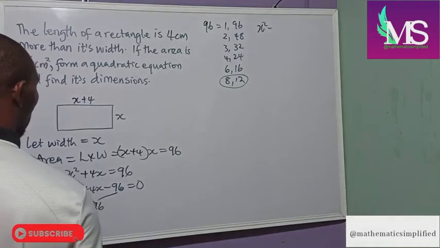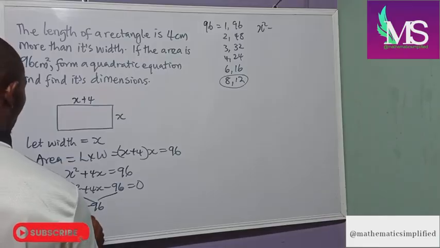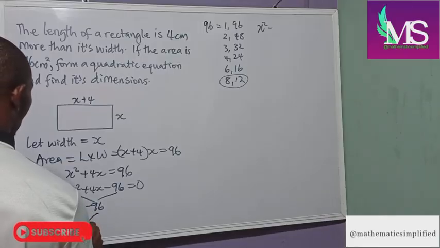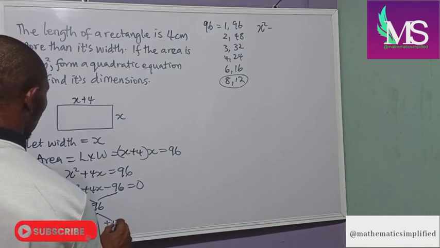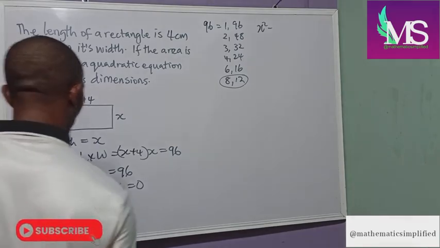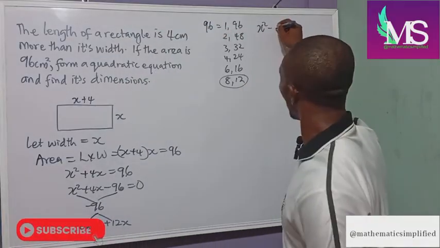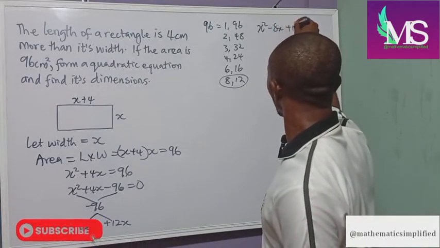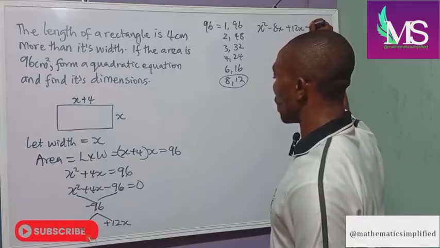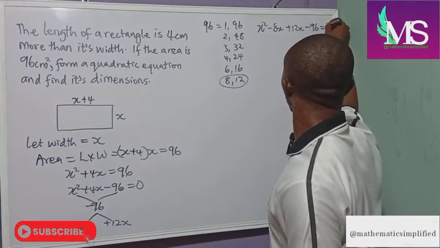So we are going to have it as minus 8x plus 12x. So this becomes x squared minus 8x plus 12x minus 96 equals 0.